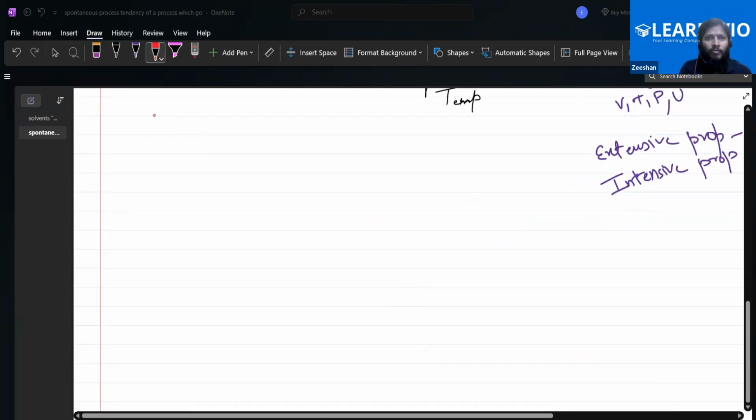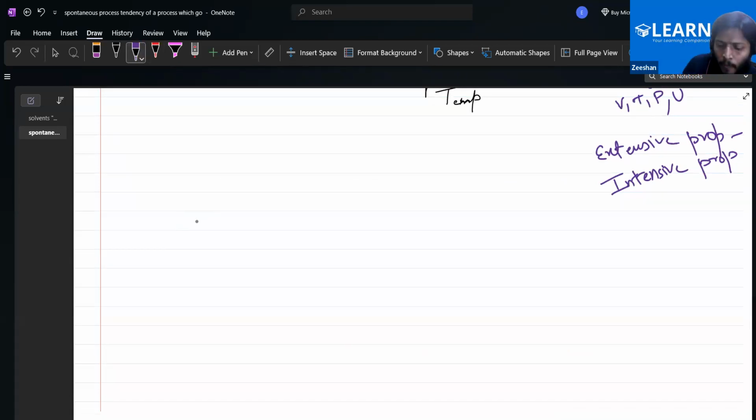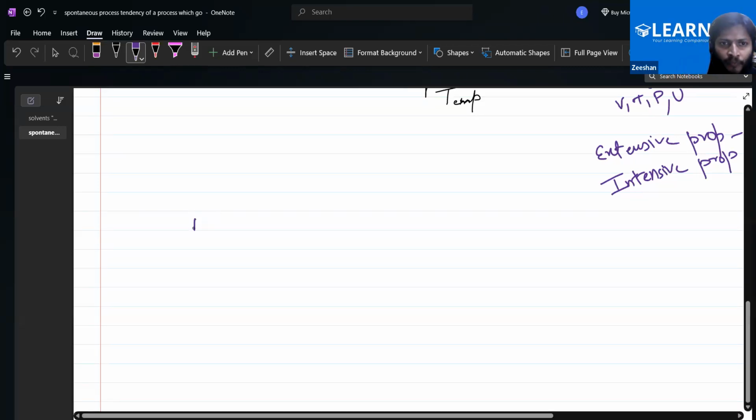For example, the same example we will take. H2 plus N2 gives NH3. We will balance it out. Is it balanced?